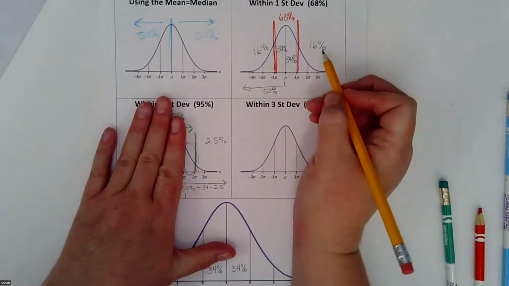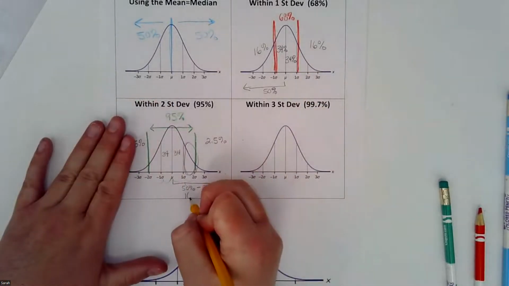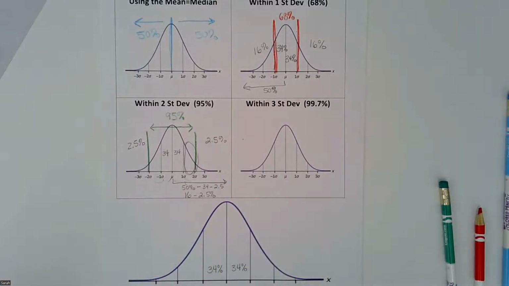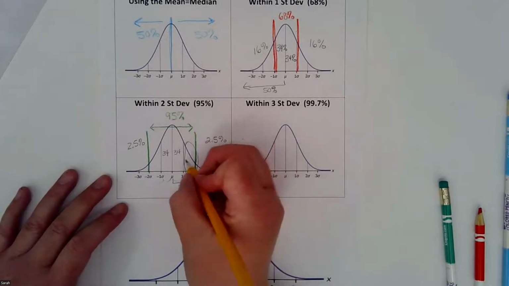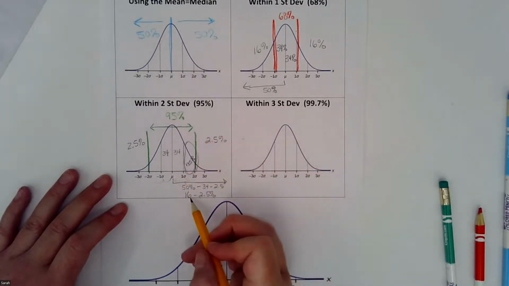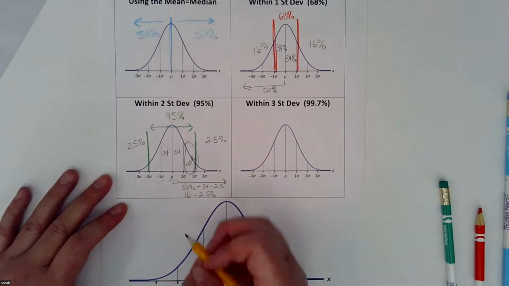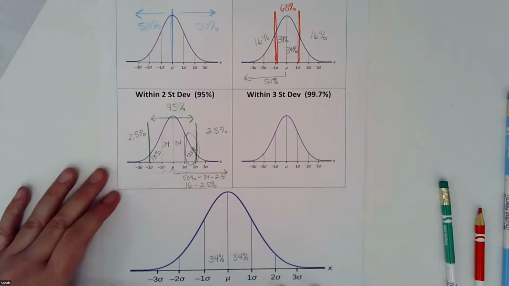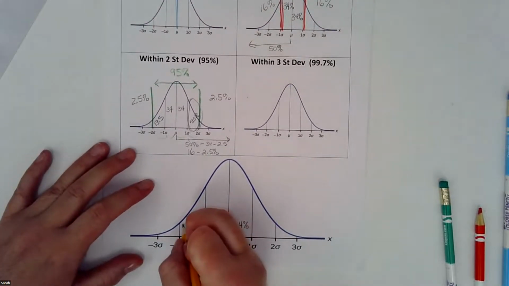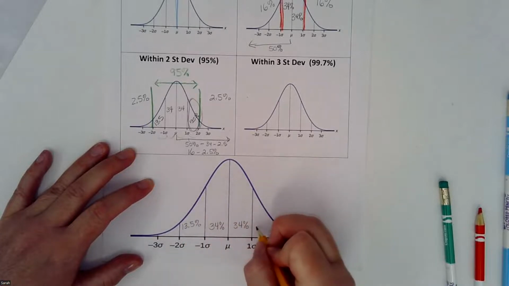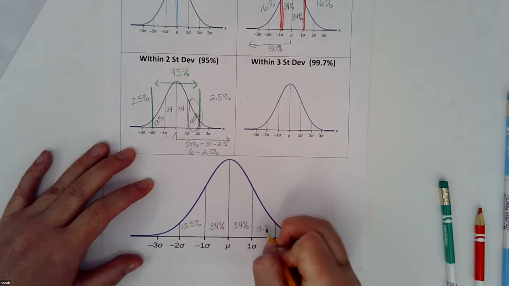So we know from up here that that's 16%, and I could subtract off that 2.5%. So there's a couple different ways always to get these probabilities. You can kind of play around with that, but ultimately this is going to come out to be 13.5%. So we took 16 and subtracted off 2.5. We'll get 13.5% there. And so now I'm going to transfer those two down to the bigger one at the bottom. So each of those is 13.5%.